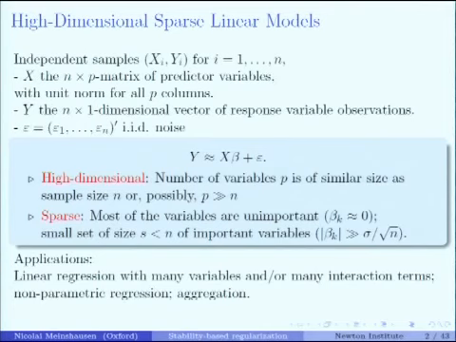Mostly I'm going to talk about the context where you're trying to find the important variables if you have a large number of them, or if you've got many interaction terms. You could think about some other settings which I'm not going to touch here, but I'm going to show some application to graphical modeling at the end.